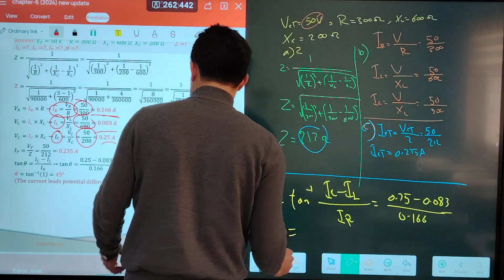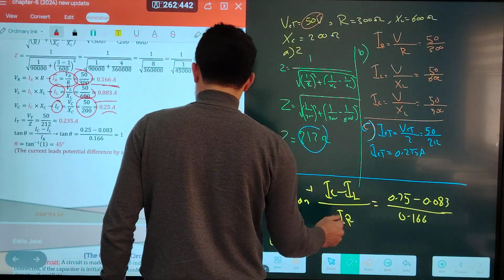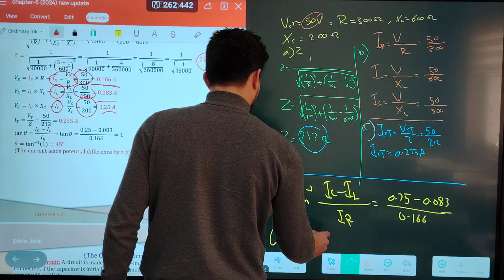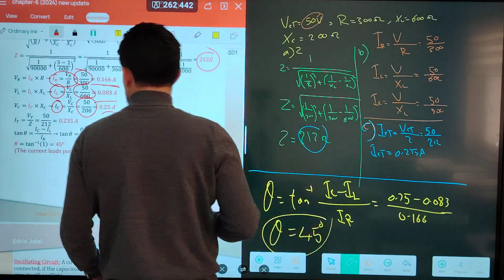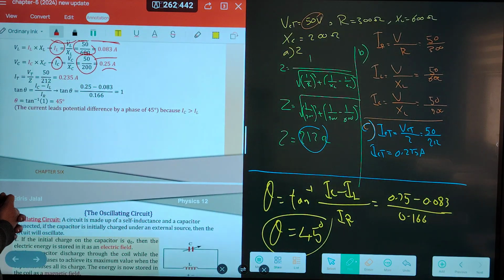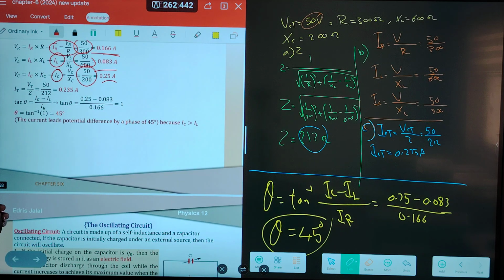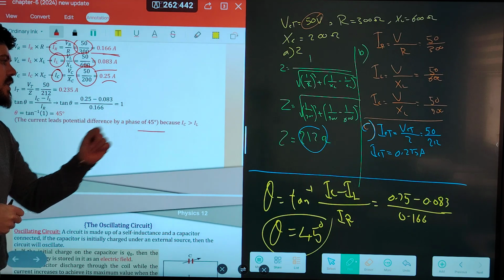Theta is tan inverse of 1, which is 45 degrees. The current leads the potential difference. Why? Because IC is bigger than IL. That is why the current leads the potential difference by this phase.